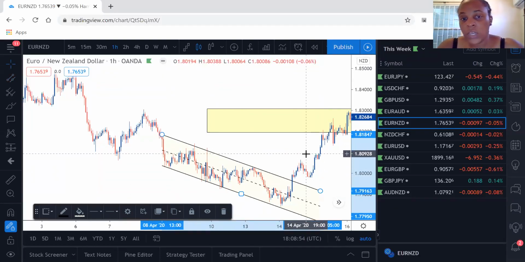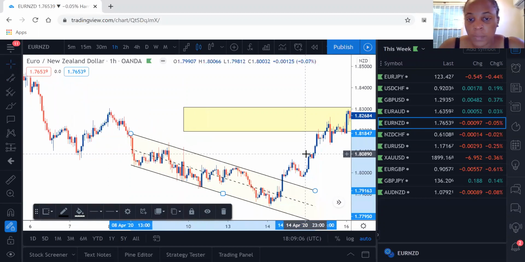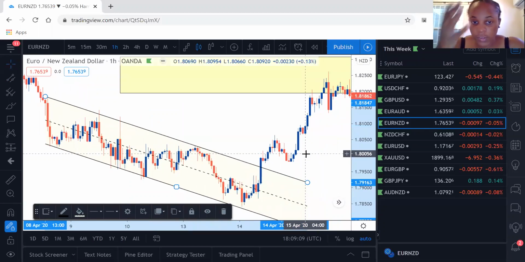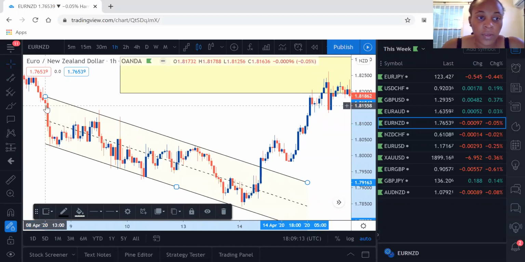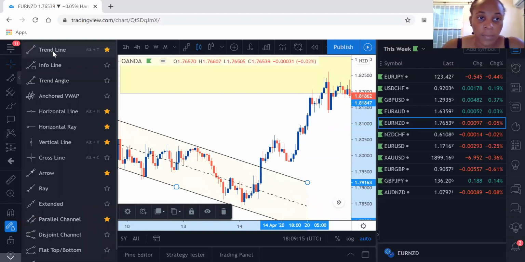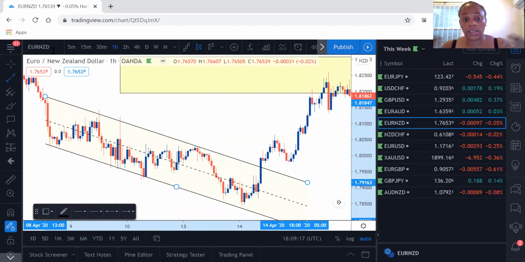Okay, and we spoke about two types of letters that we will trade in channels. So depending on how you see it, because some people may not see what I see, right? What I am seeing here, I'm looking for a W because I know it's a descending channel, so I am only looking to get into a double bottom.